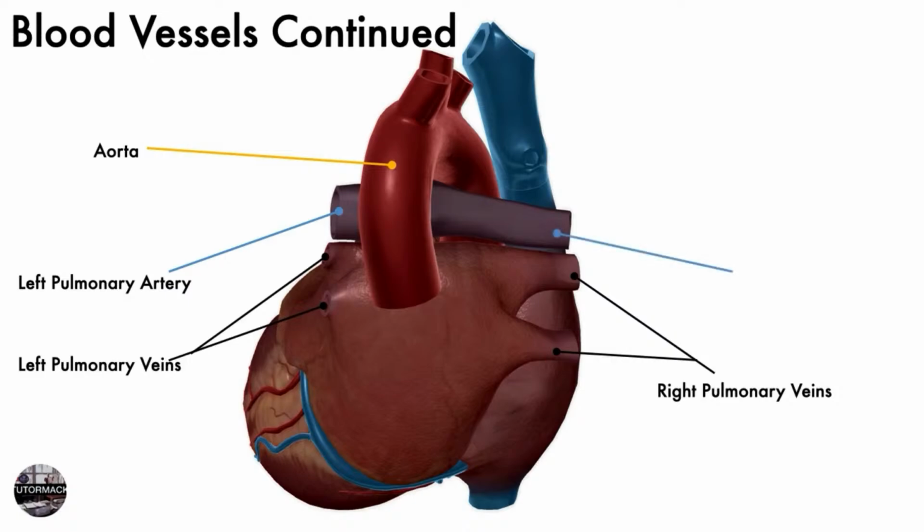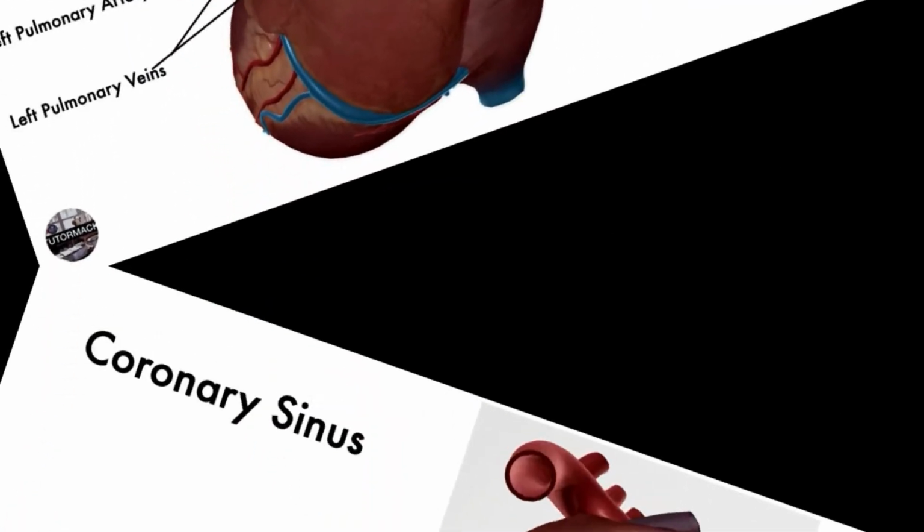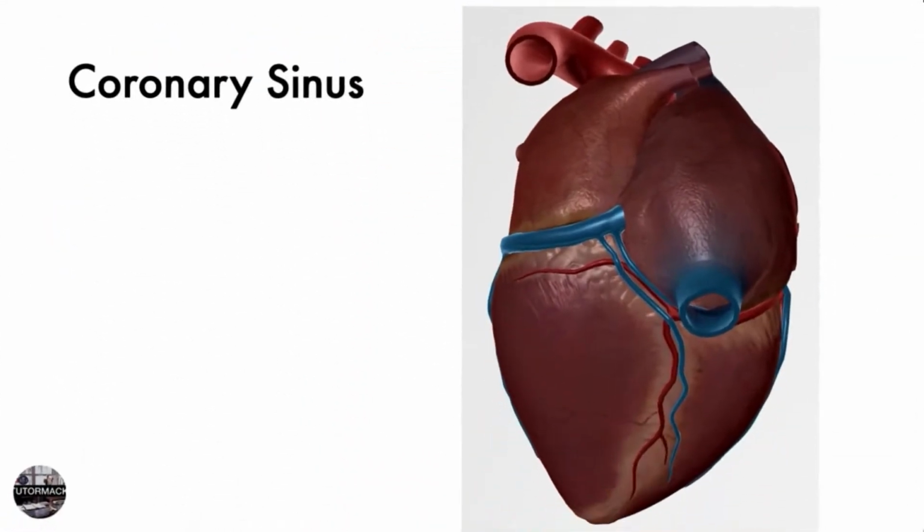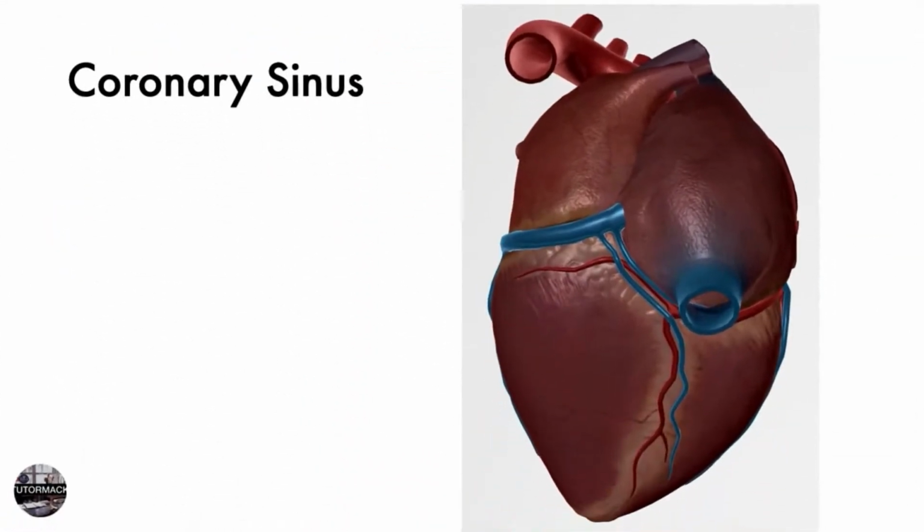What's this? That's right. Right pulmonary artery. How about here? Yeah, SVC, superior vena cava. Let's talk the coronary sinus. That's right, coronary sinus, the large vein.